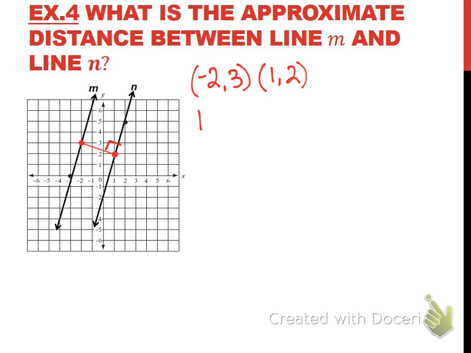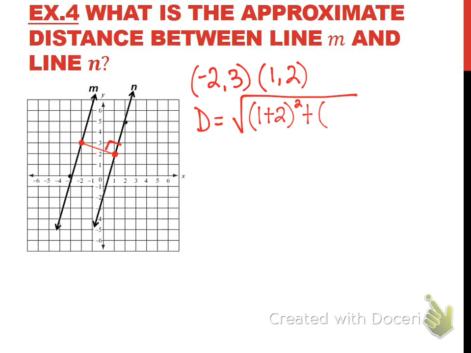Okay, then we can use our distance formula that we used in our warm-ups to find the distance between those points. First, I need x2. What is it? 1 minus my x1. So I would be subtracting what? Subtracting a negative is the same as adding.